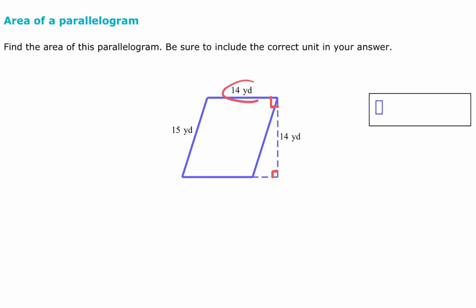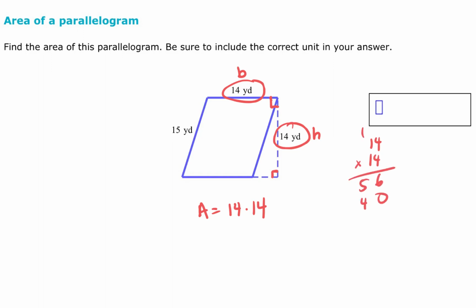So we can say the 14, because it's perpendicular to this height right here, the 14 is going to be the base. This is the base, and this will be the height. So area equals the base, 14 times the height, and 14 times 14 is 196 square yards.